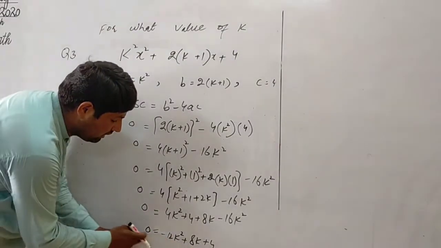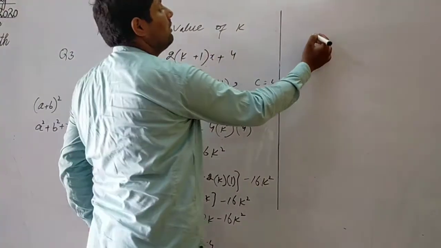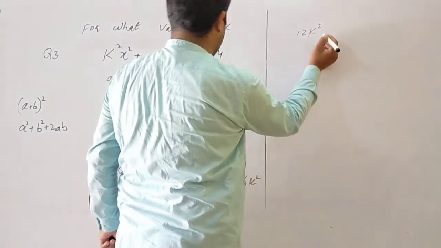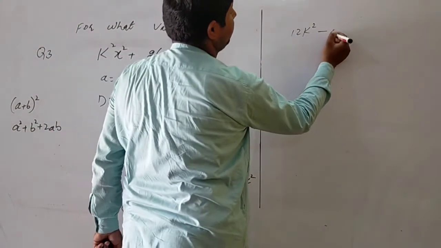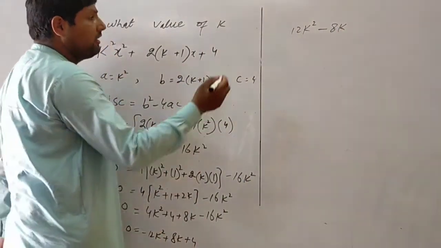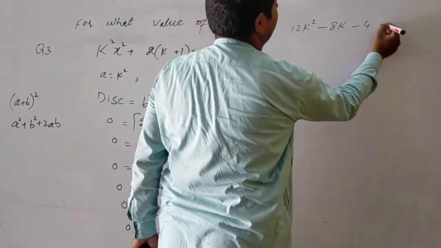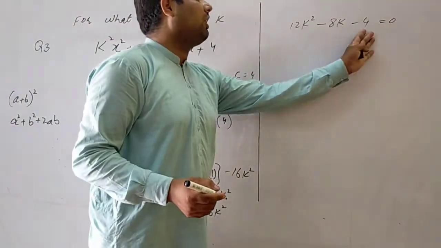Minus 12 on the other side changes sign and becomes plus 12. So 12k square minus 8k minus 4 is equal to 0.